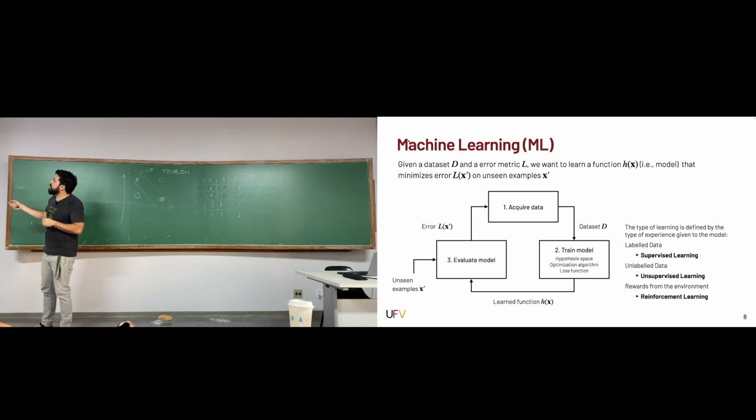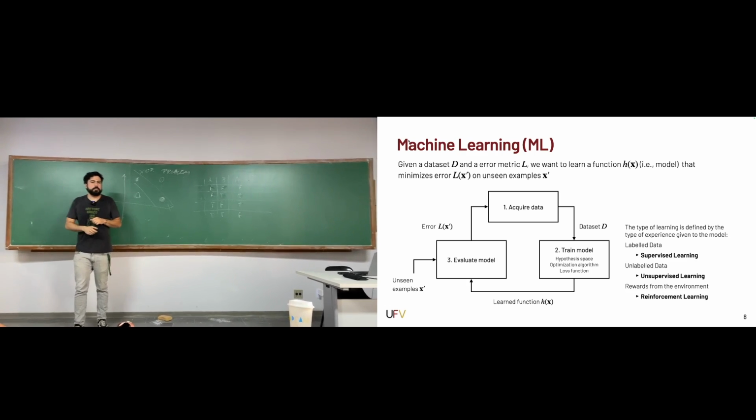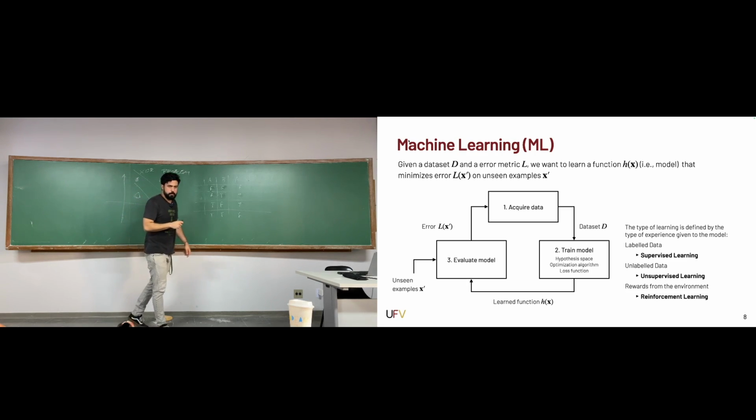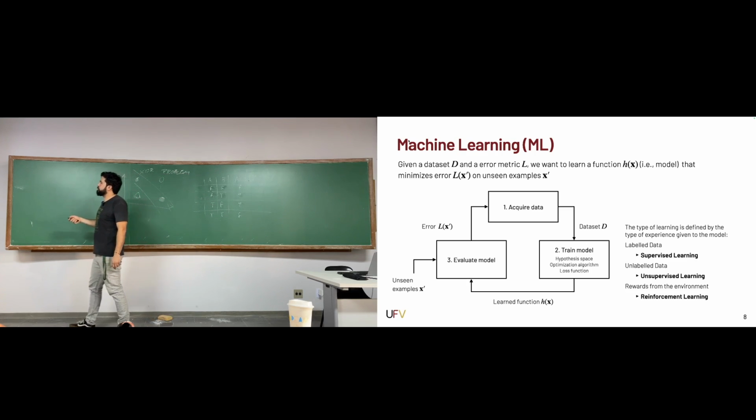Depending on how your data looks, we're going to call the problems a little bit differently. The type of learning is defined by the type of experience or the type of data you have. If you have labeled data, we're going to call these supervised learning problems. I'm going to give you more examples about each one of them.